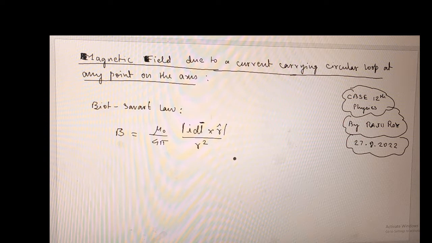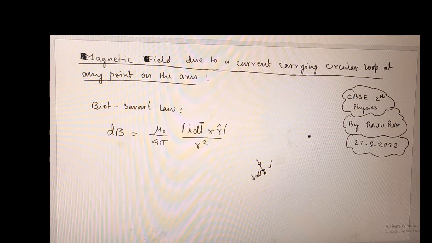Suppose this is the current I, then dl we have to take in this direction. This is an elementary element, so dl direction will be this only.